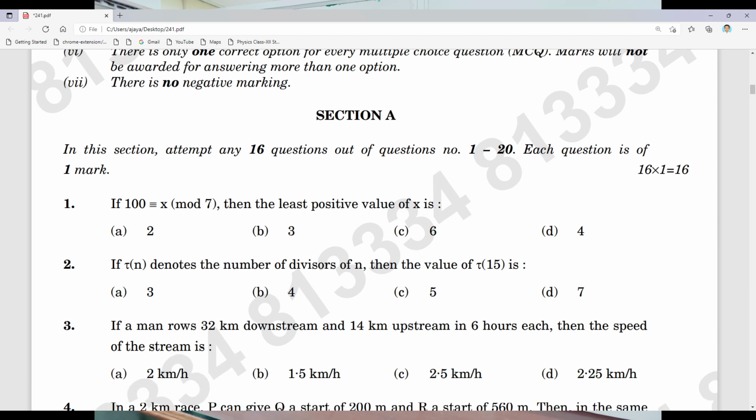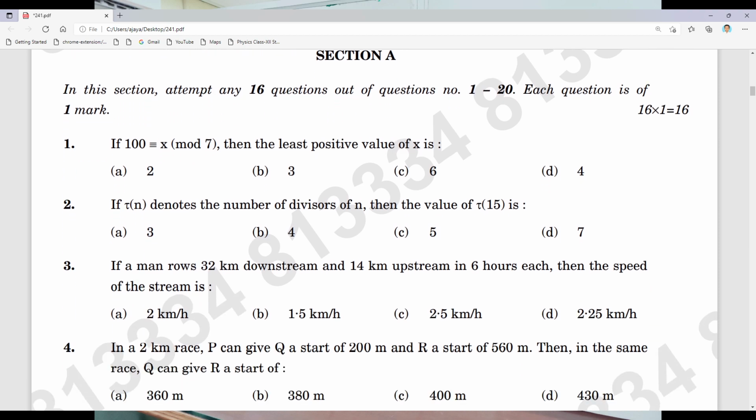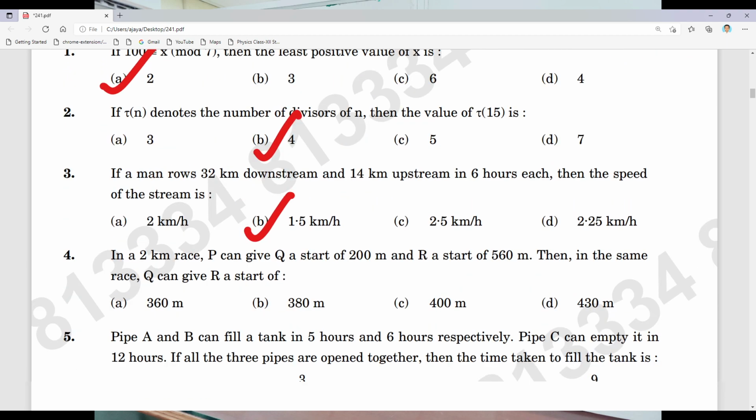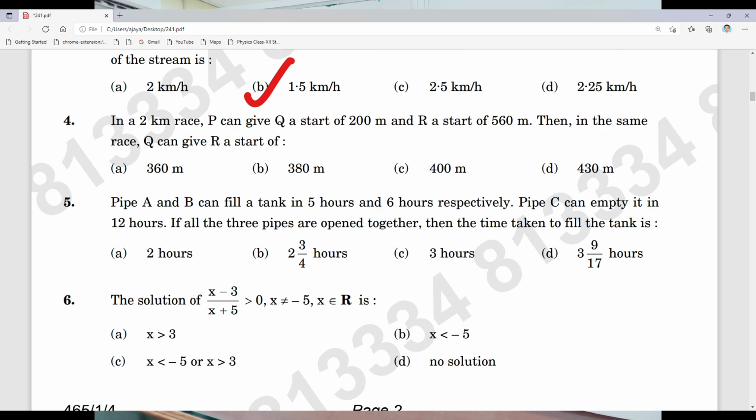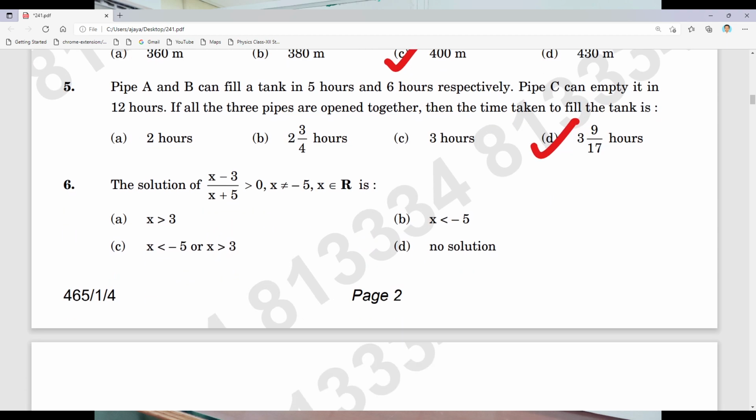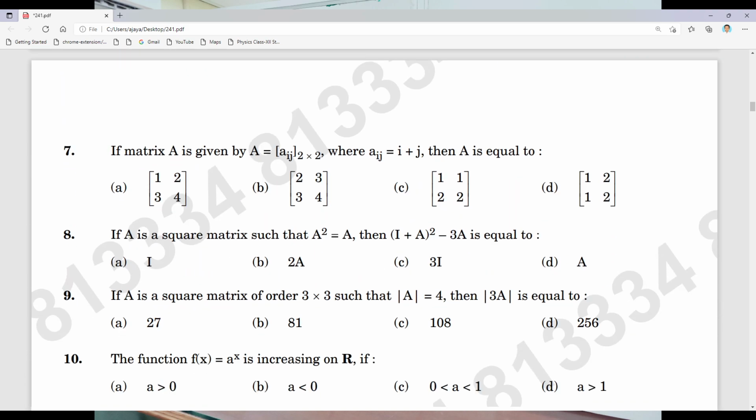You can see question number 1, answer option A is the answer. Question number 2, B. Question number 3, B. Similarly, question number 4, C. Question number 5, D. Question number 6, C. You can see the answer.